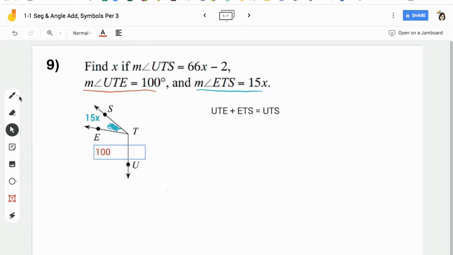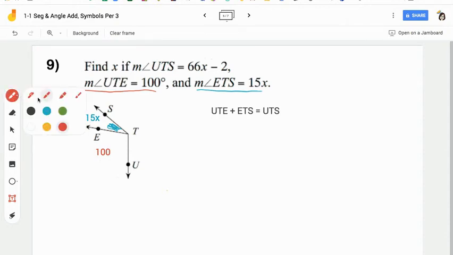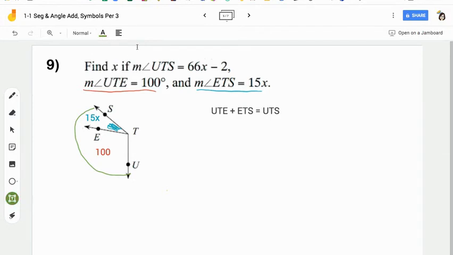And we know that together, that whole big angle is 66x minus 2. So we're going to use these 3 expressions and create this equation.